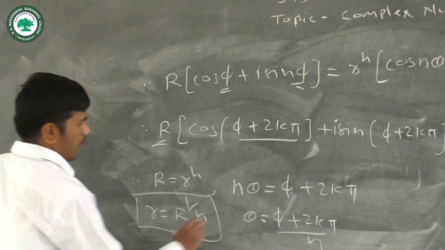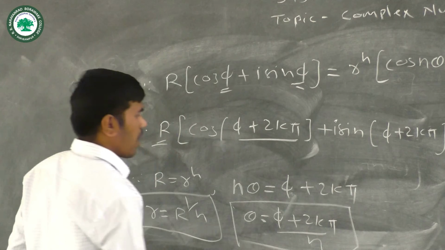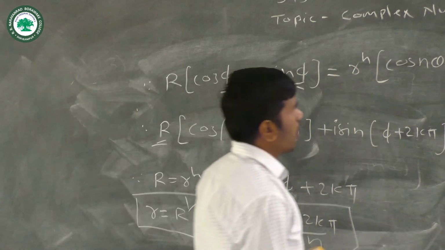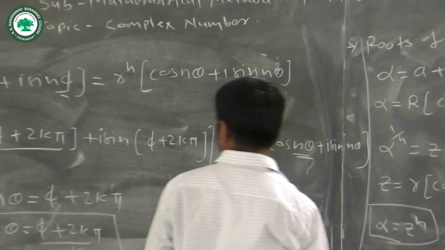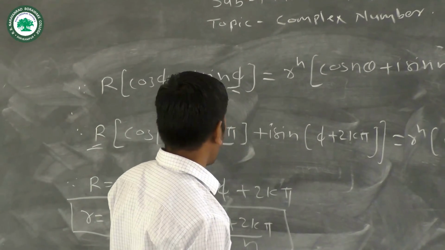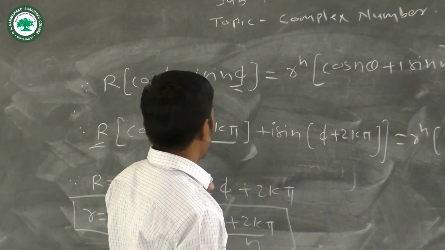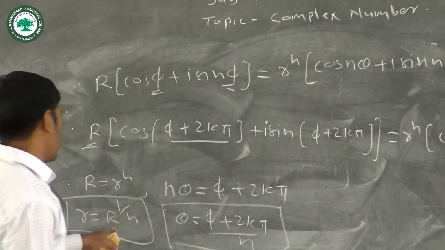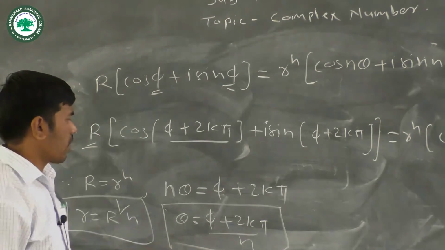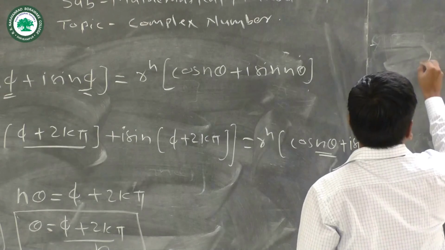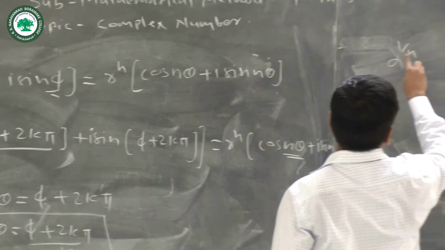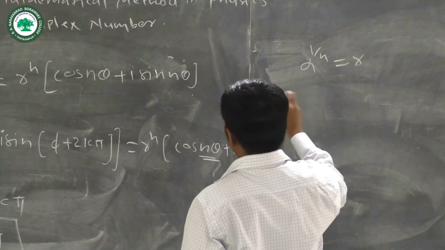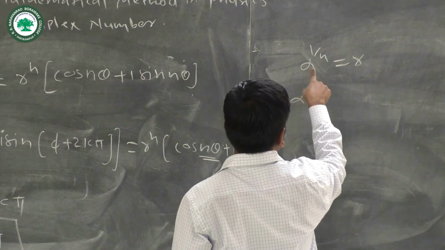So this is the modulus and argument of this complex number. Okay, so this alpha we can rewrite in terms of capital R and phi, with the relation alpha power 1 by n is equal to z. So that is the root of alpha.